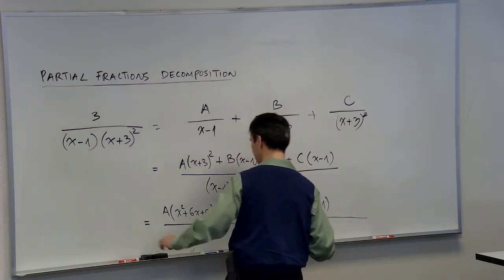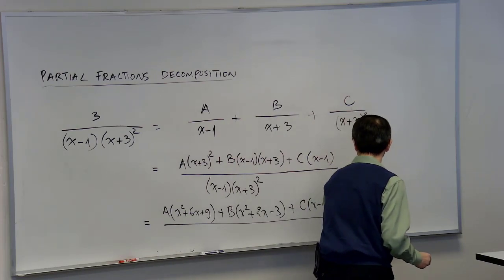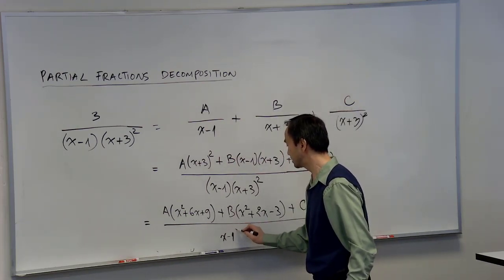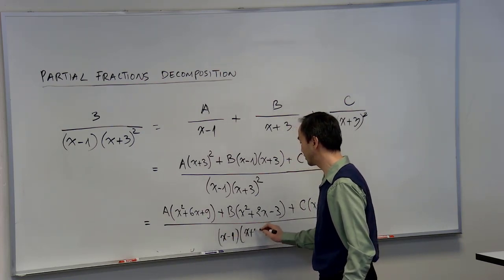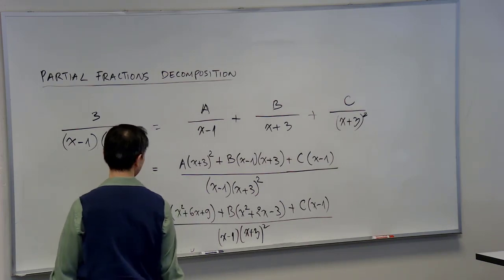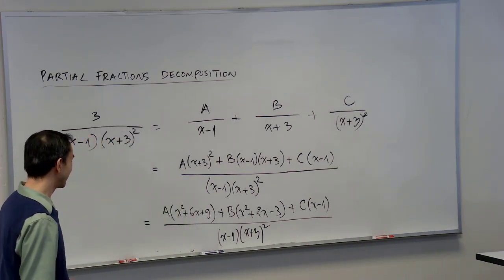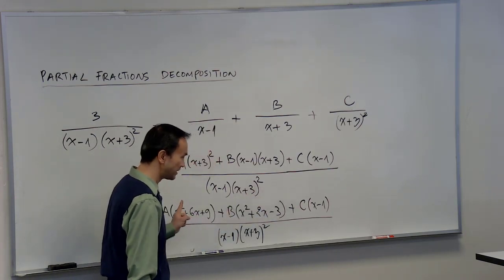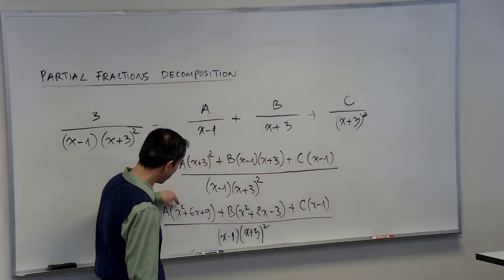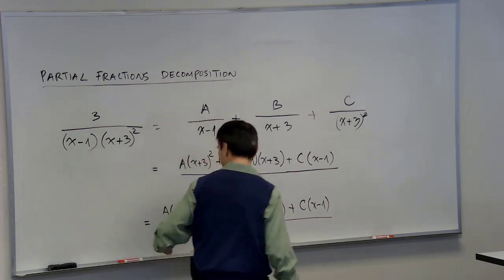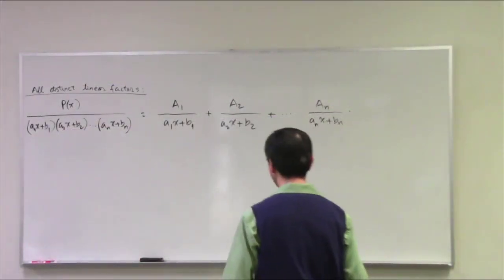And we'll get closer to being done like that. You good with that still? Then go ahead and distribute out and recombine the like terms. So A times x squared, A times 6x, A times 9, and all that. Let's rearrange it.